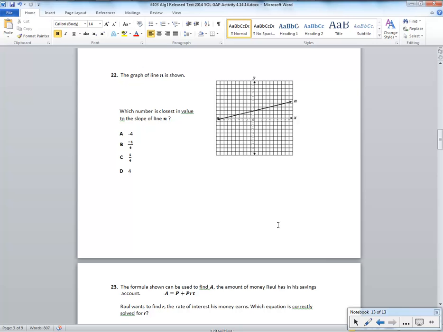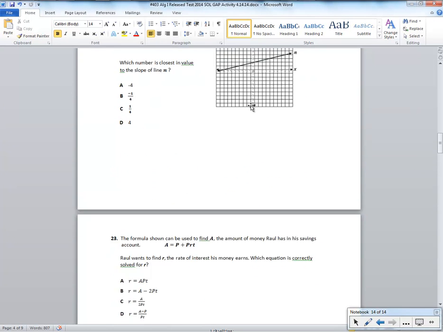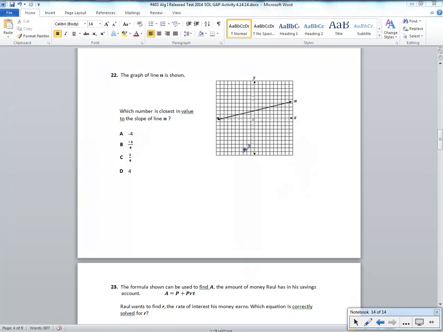22, you need to figure out the slope. Slope is rise over run. So what you want to do is pick a point that's on a hashtag and then just count. So theoretically, if the line was like this, I would pick the point here, and here I would go up 2.